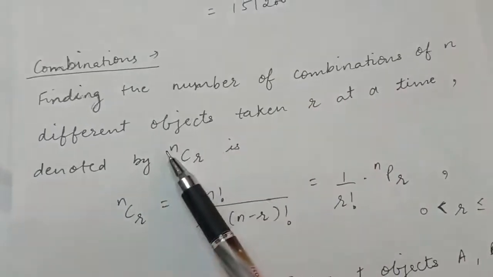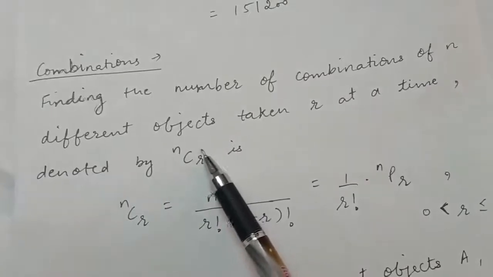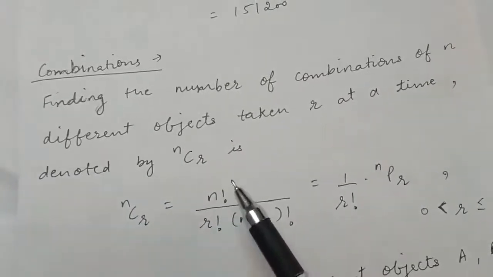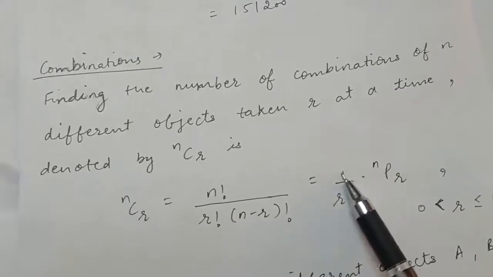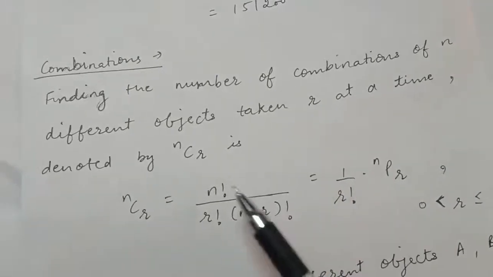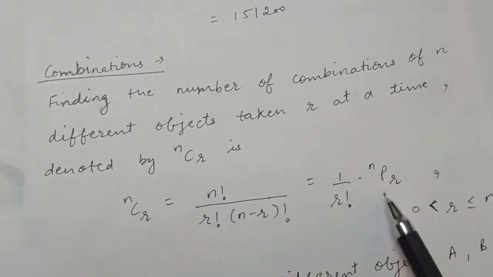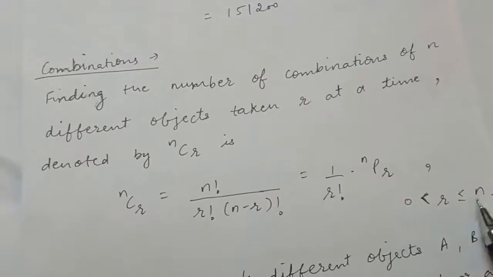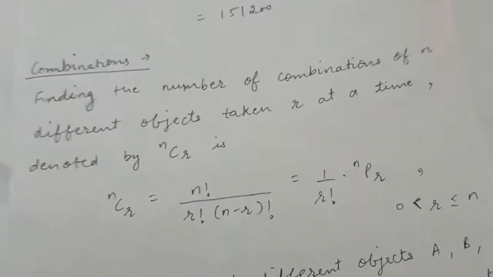Out of n objects we are selecting R objects, that is, we are making a combination of R objects. Then it is given by n factorial upon R factorial into (n minus R) whole factorial, which is equal to 1 by R factorial into nPR, right? Where R goes from 1 to n. R can take the values 1 up to n, right?